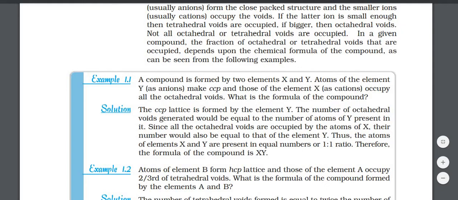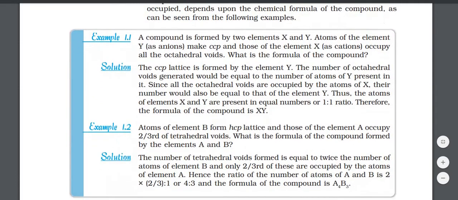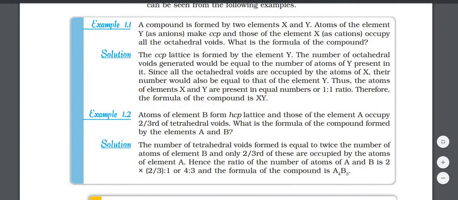You know that the number of octahedral voids is equal to the number of atoms Y present, and all octahedral voids are occupied by X, so their number would be equal to the number of atoms of Y. The formula would be XY. I feel you may not understand it, but the second problem will be helpful to you.